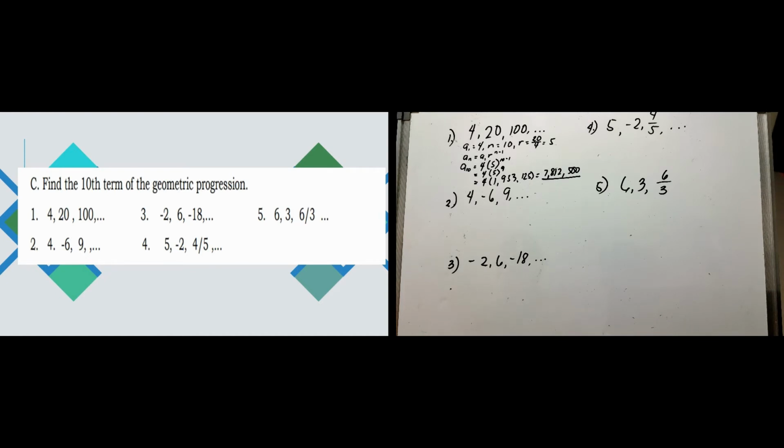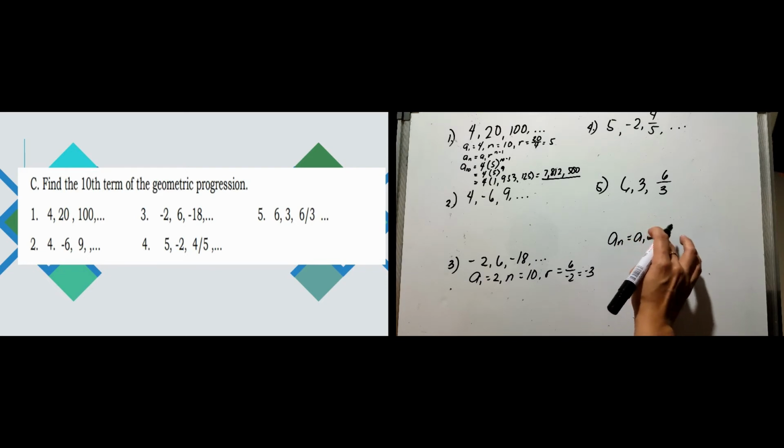And then, let's take number 2. Your a sub 1 is 2. The number of terms is 10. The common ratio is 6 divided by negative 2, which is negative 3. So we're going to use the formula a sub n, or the nth term, is equal to the first term times the common ratio raised to the number of terms minus 1.